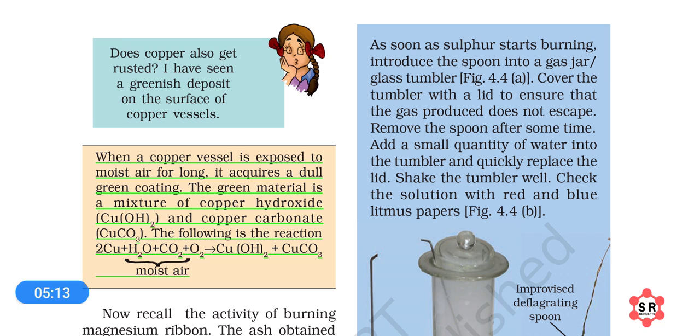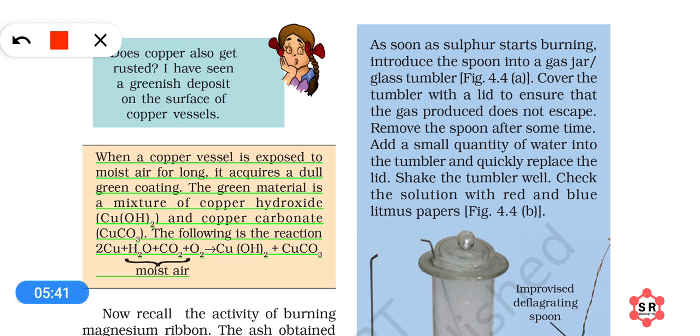So we have seen that iron gets rusted because it reacts with oxygen and water vapors in the air and makes iron oxide, which is called rust, which is brown in color and makes a brown coating around the iron articles. Now, dear students, you might have seen a dull green coating on copper vessels also.